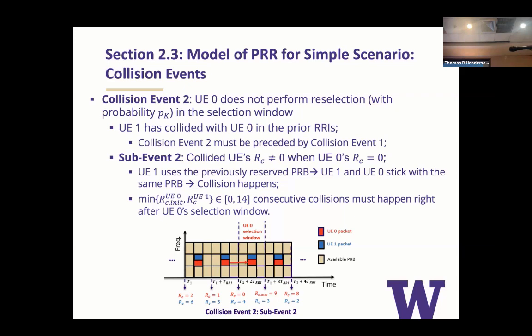At T1 plus 2 TRI, it ranges from 1 to 15, and after 1 RI, the RC for UE1 will range from 0 to 14. So when we take the minimum of these two, the number of consecutive collisions will range from 0 to 14 right after the UE selection window.